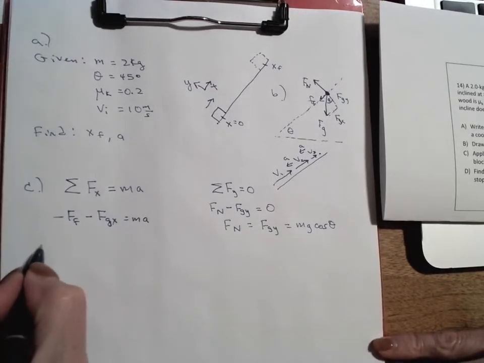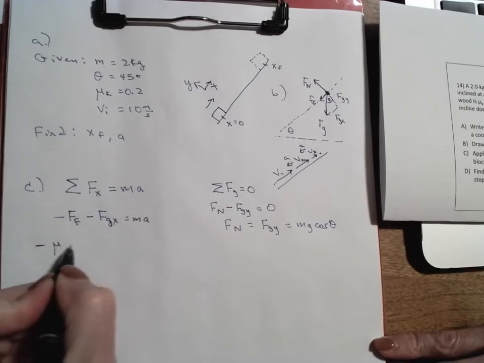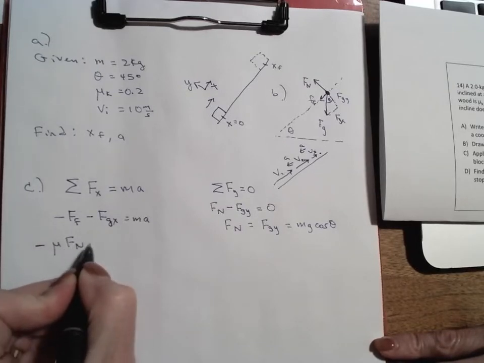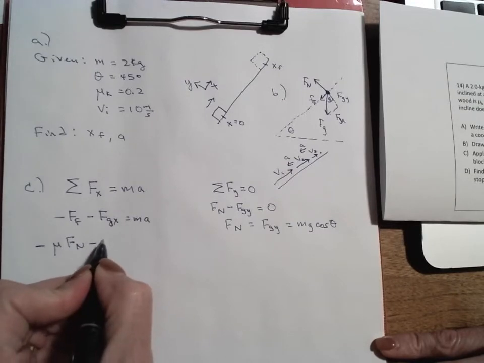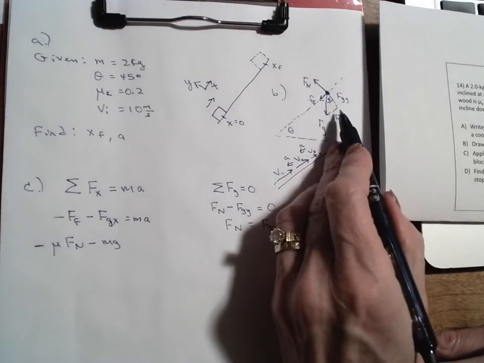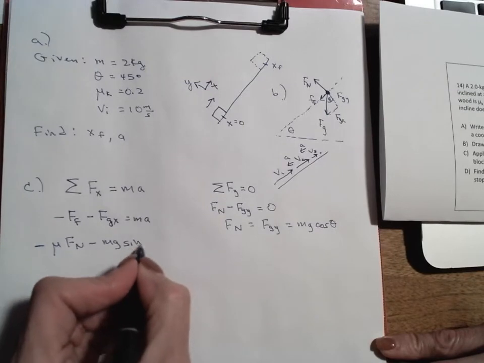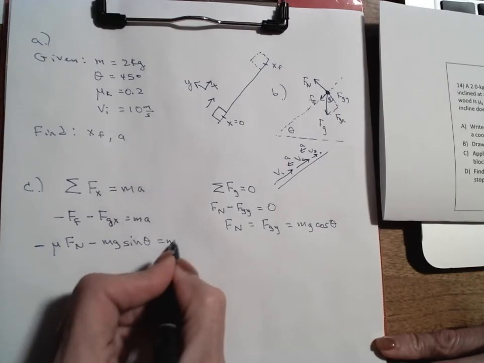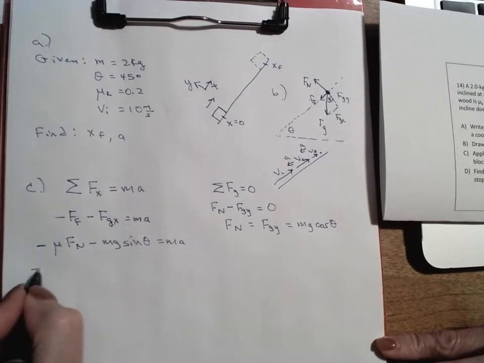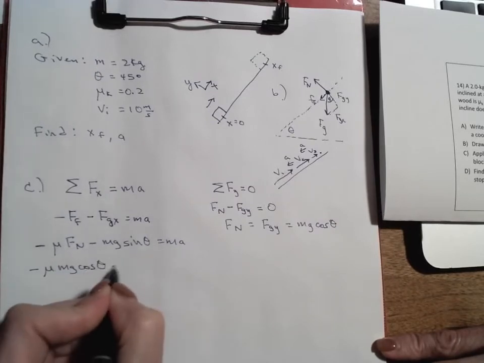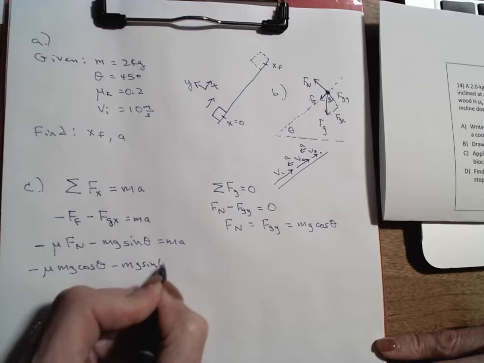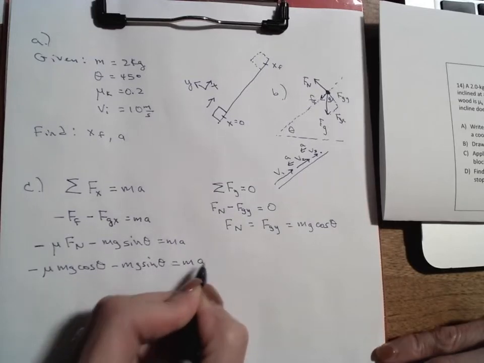So I'm going to plug in. I know the force of friction is equal to mu times the force of the normal. And I know the x component of Fg is mg, looking here, this is sine theta, equals ma. And I'm going to plug in for the force of the normal. So negative mu mg cosine theta minus mg sine theta is equal to ma.